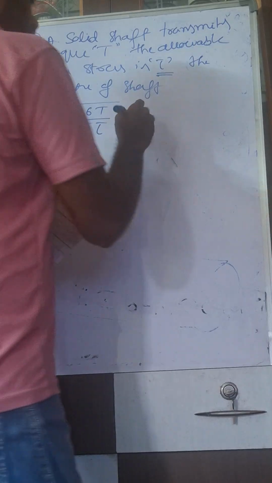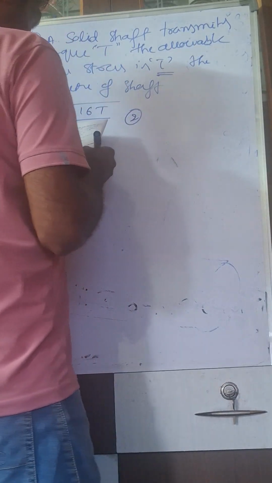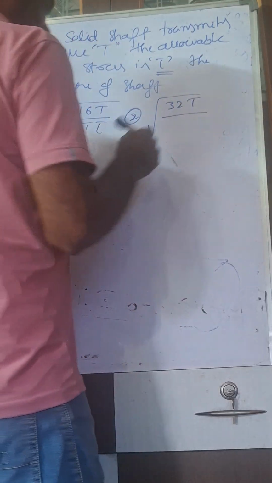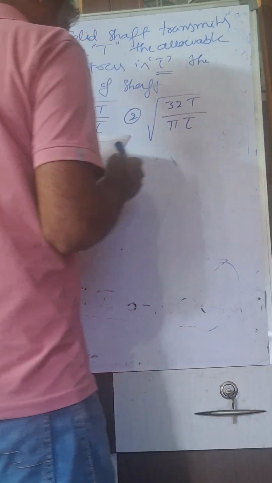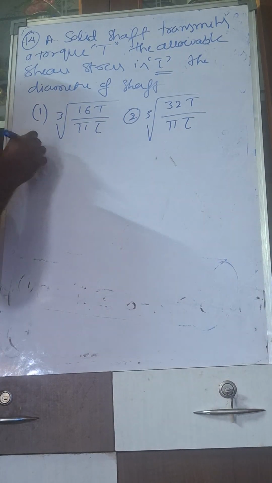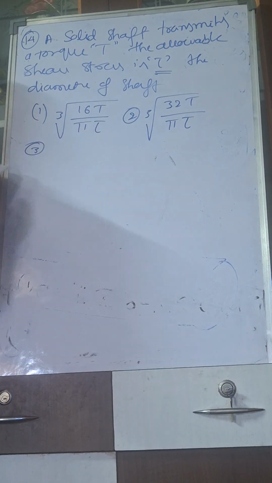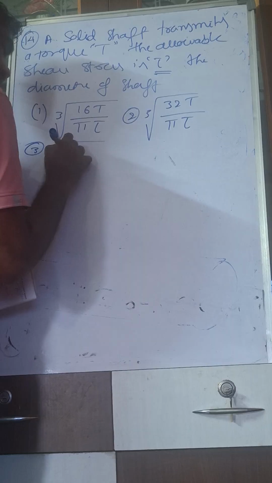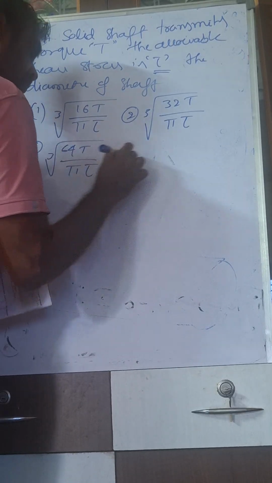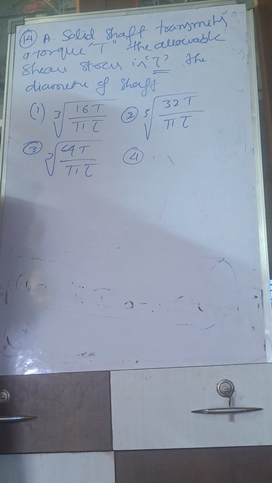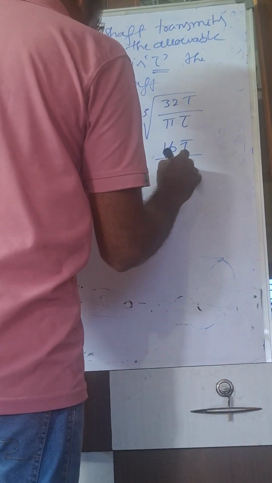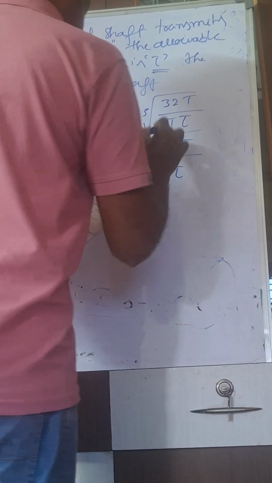Second one: cube root of 32T divided by pi tau. Third one: cube root of 64T divided by pi tau. The fourth one: cube root of 16T divided by tau.